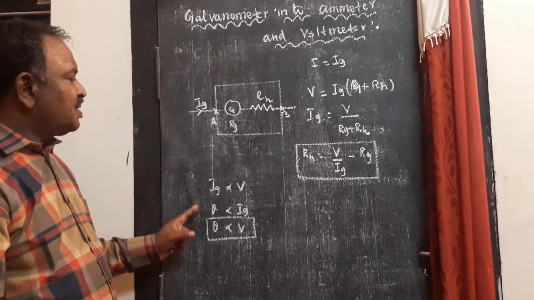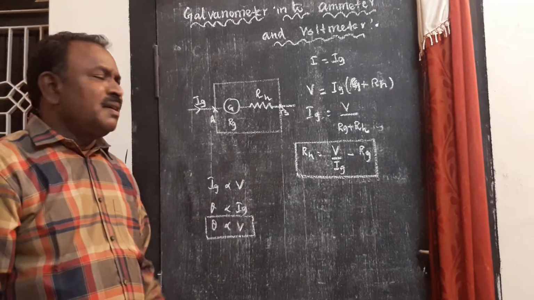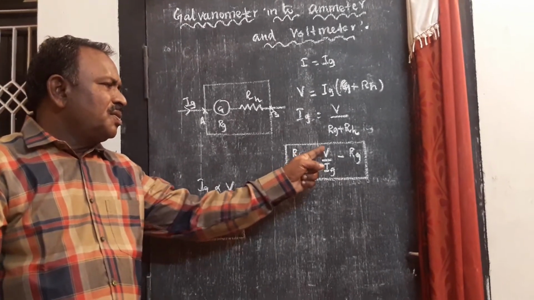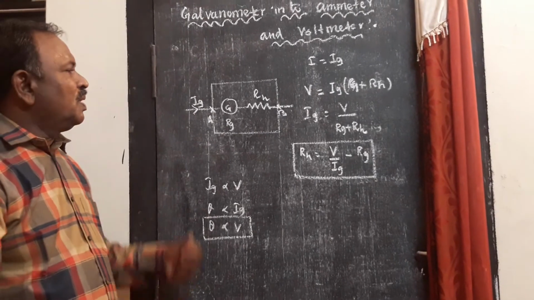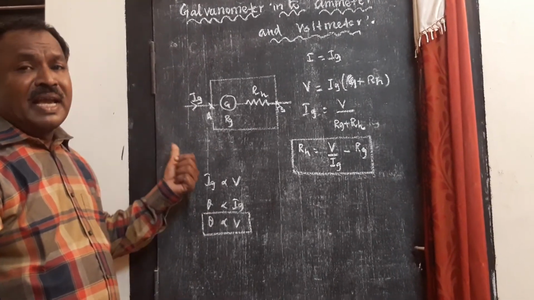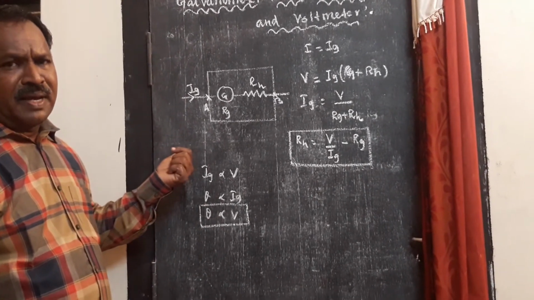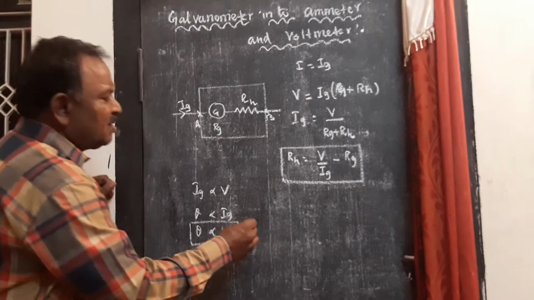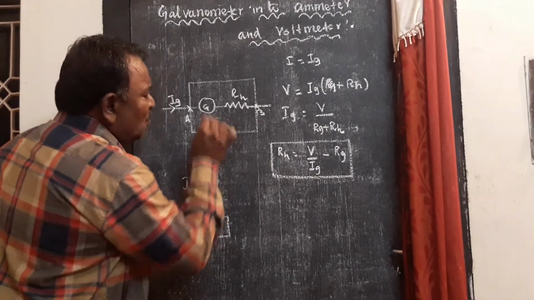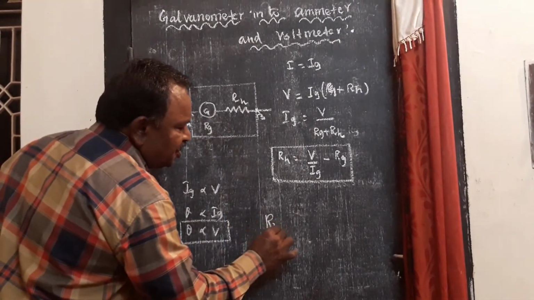The value of the resistance that must be connected is determined by RH is equal to V by Ig minus Rg. So, in order to convert a galvanometer into a voltmeter, a high resistance must be connected in series. What about the resistance of the voltmeter?